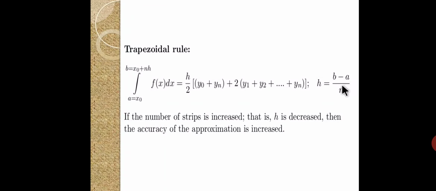So the formula for the trapezoidal rule is integral from x0 to b, where b is equal to x0 plus nh, of f of x dx, that is equal to h by 2 times y0 plus yn plus 2 times y1 plus y2 plus and so on plus yn minus 1. Here h is equal to b minus a by n. If the number of strips is increased, that is h is decreased, then the accuracy of the approximation is increased.